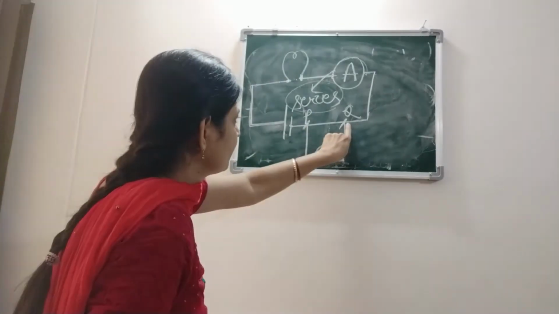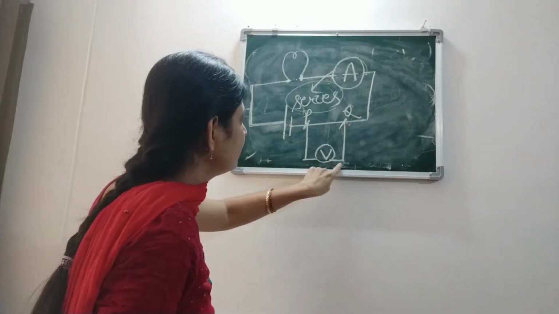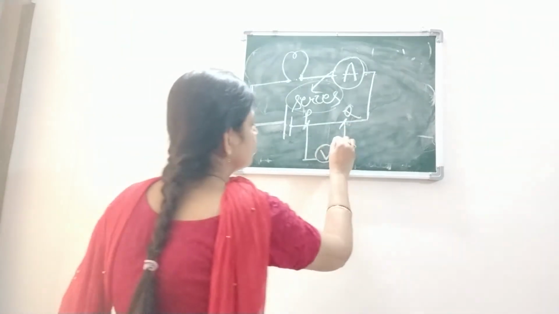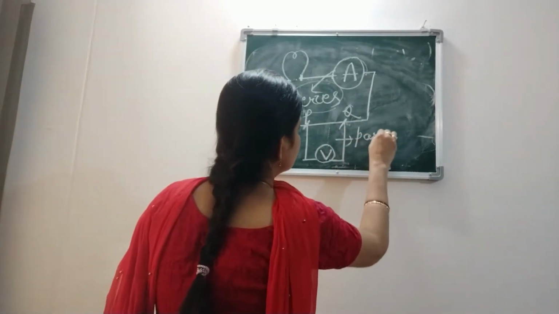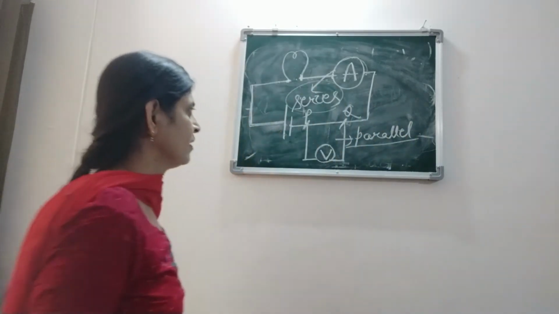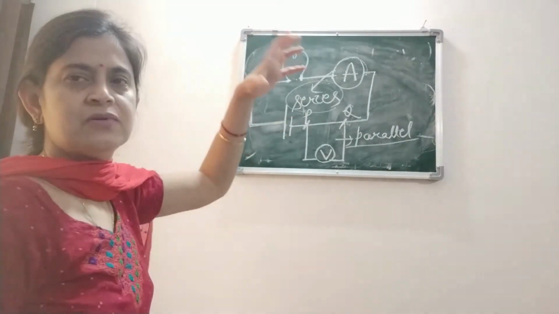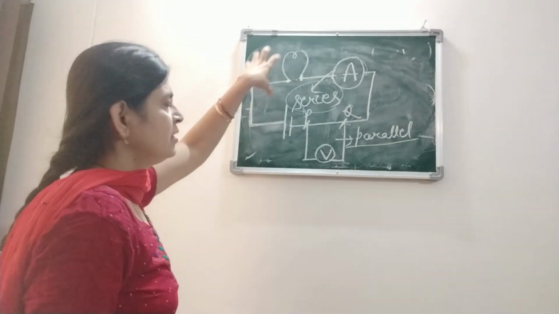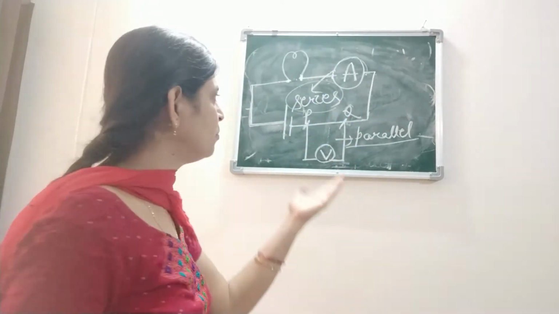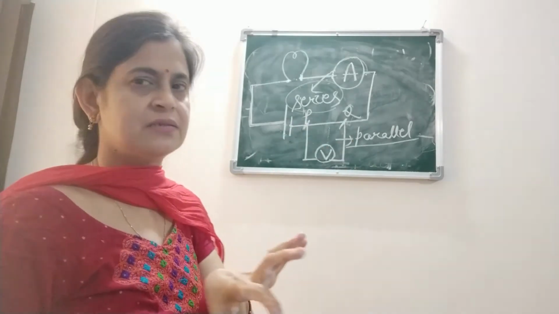Here same, at the point Q, all these three are connected and the voltmeter is also connected. So this type of connection is called a parallel connection. Okay, later we will study in detail when resistors are connected in series and in parallel.